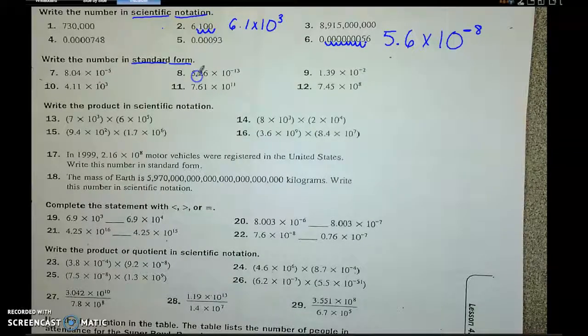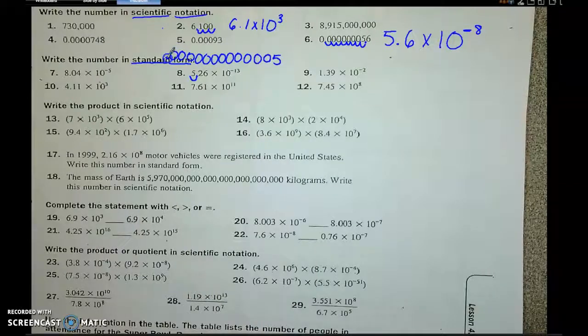So right there's my decimal. If I move it to the left 1, that gets it around that 5, but I still need to move it more times. I have to move it 13 total. So I've already moved it 1. That means I need to move it 12 more. So I'm going to put zeros in those spots. 1, 2, 3, 4, 5, 6, 7, 8, 9, 10, 11, 12.